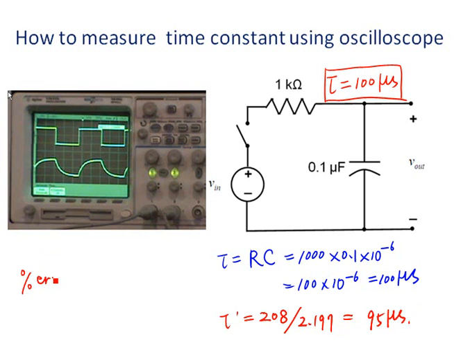Percentage error here we can define as measured minus nominal over nominal. So the measured value is 95 microseconds minus 100 over 100. That is negative 5%.